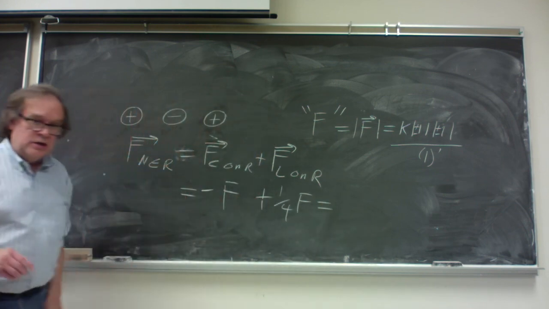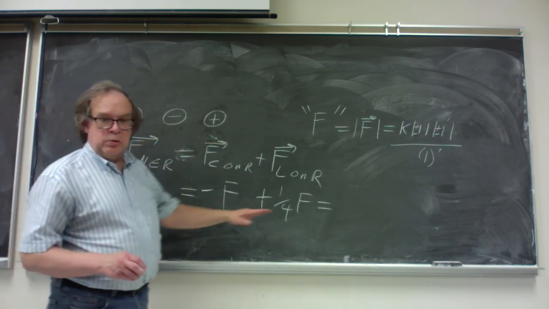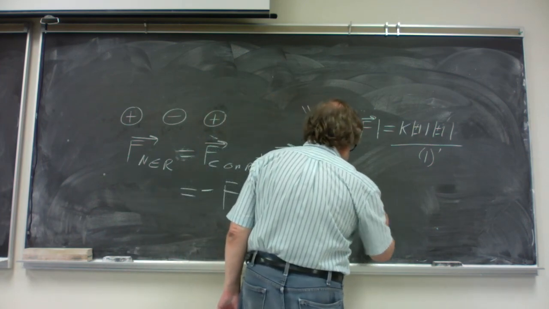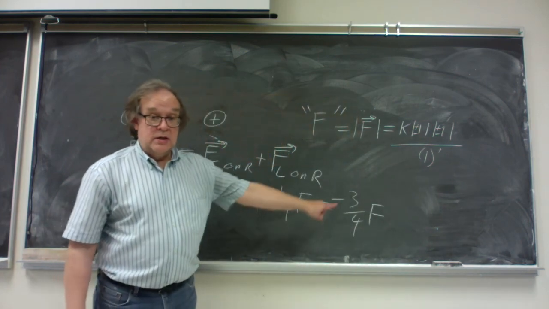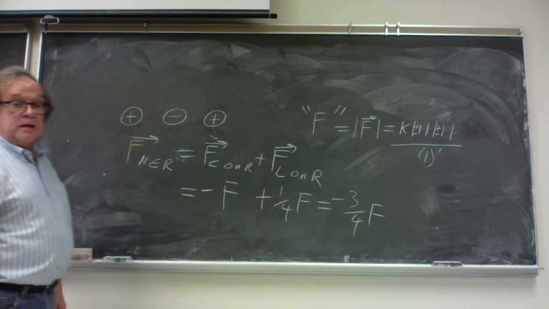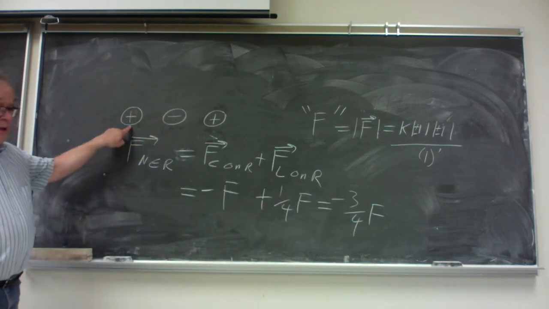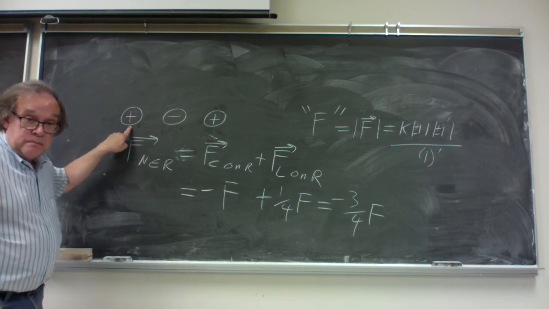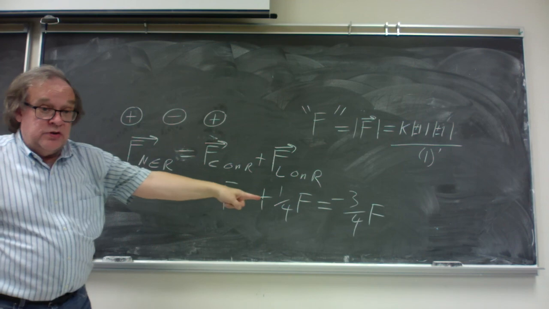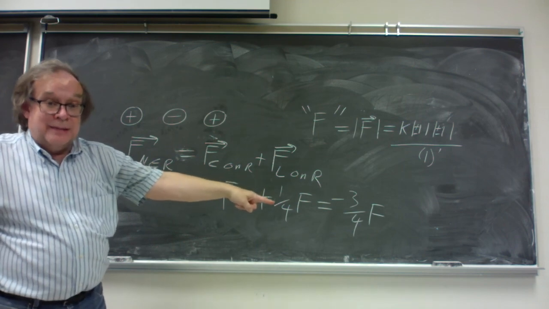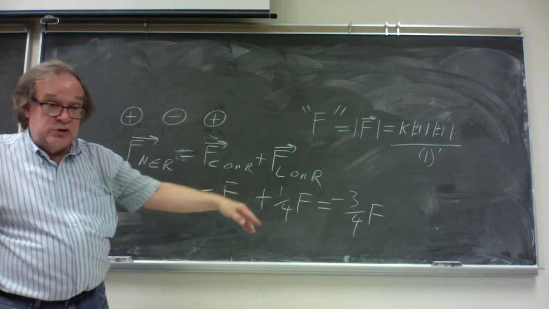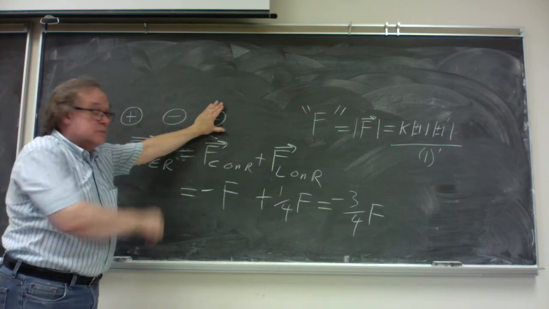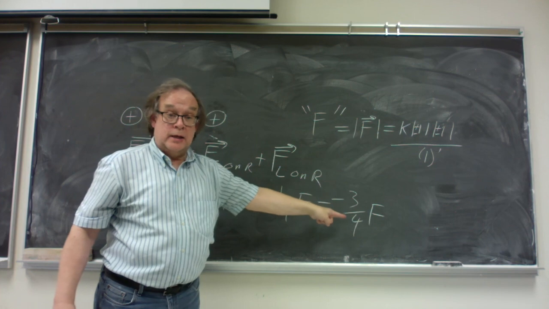So as a result, the net force is minus F plus 1/4 F, or minus 3/4 F. The net force is in the negative direction, so the net result is that this charge feels a leftward push, but the magnitude of that leftward push is less than what you'd get from just 1 unit of charge 1 step away. It's 25% less.